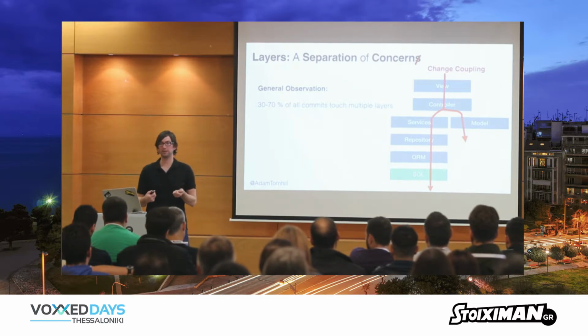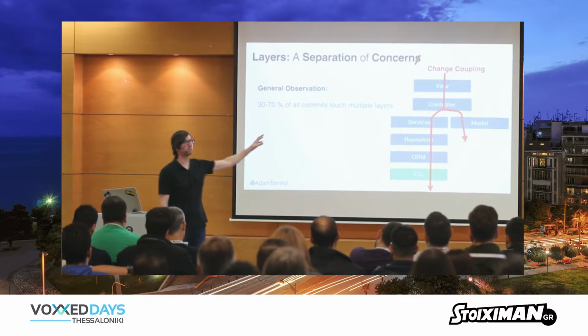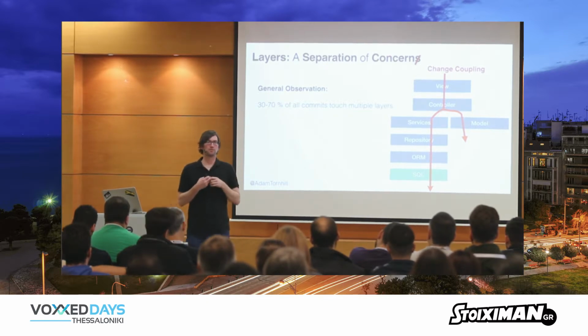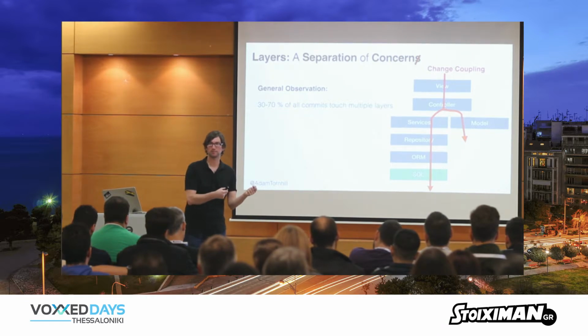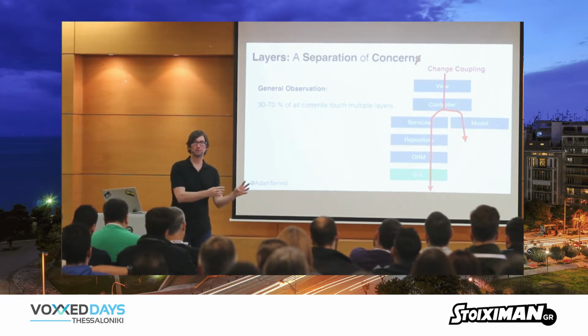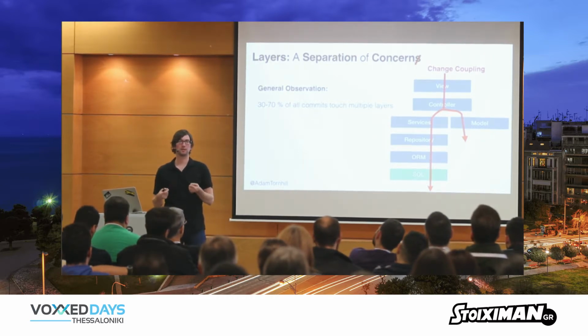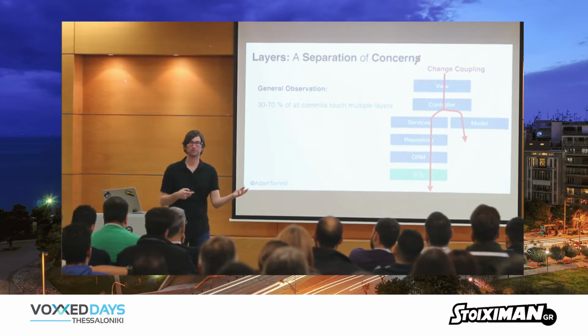And this is really, really interesting, because this has a number of implications for us. So what this basically means is that few changes are local, right? And it's interesting when you go back and look at the motivation for different layers, because that motivation is often a separation of concerns.